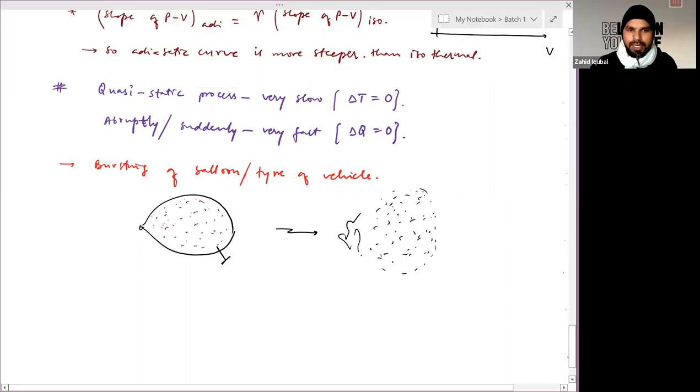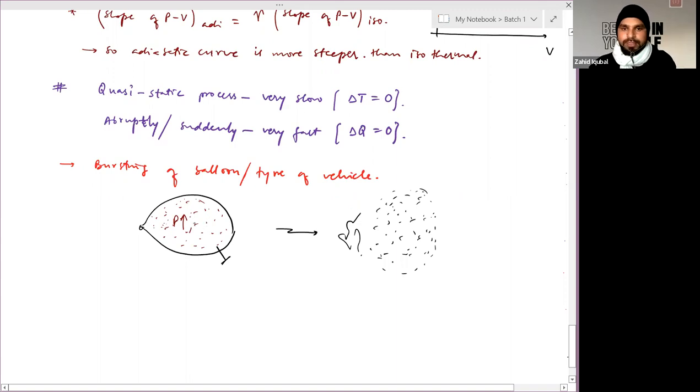Why? It means inside this balloon, pressure is high as compared to outside. So you need an external agency to blow it up against the surrounding pressure. So the pressure inside this balloon will be larger. And since on bursting it takes place all of a sudden, it will be an adiabatic process.